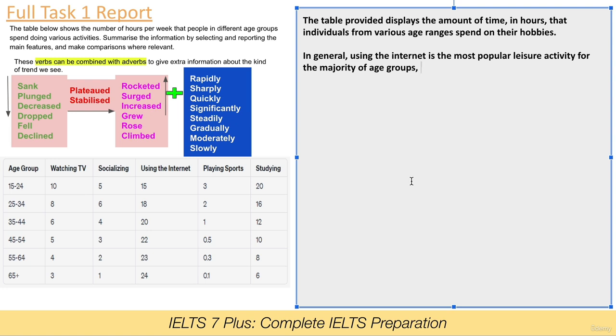Then we could say something to contrast this or to further this a little bit.